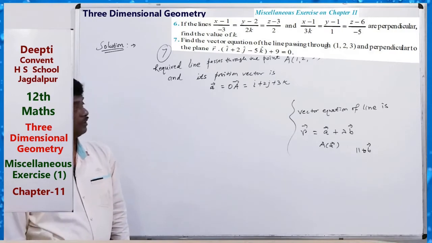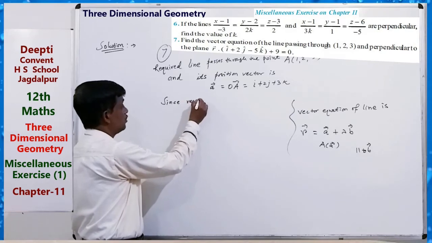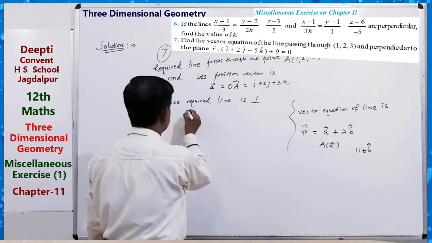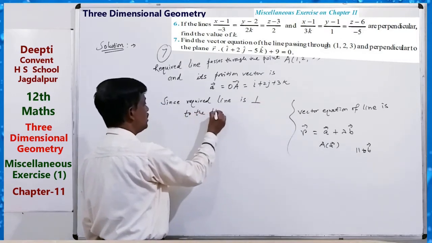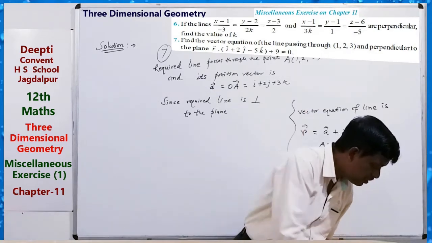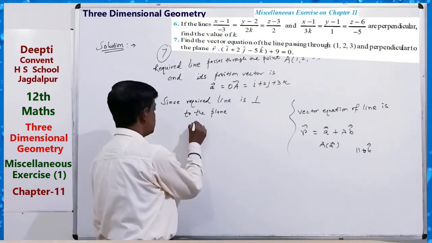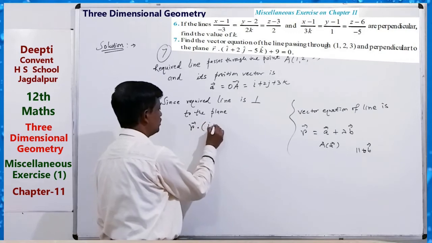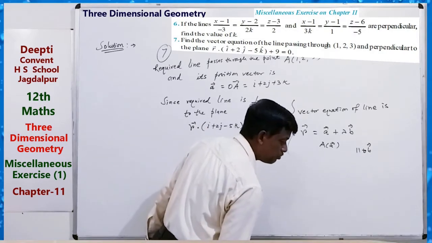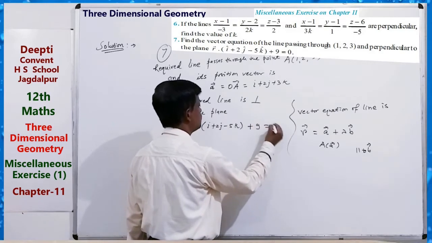Now, since the required line is perpendicular to the plane, what is the plane? The plane is r dot (i plus 2j minus 5k) plus 9 equals 0.